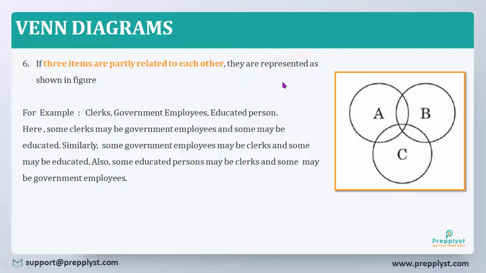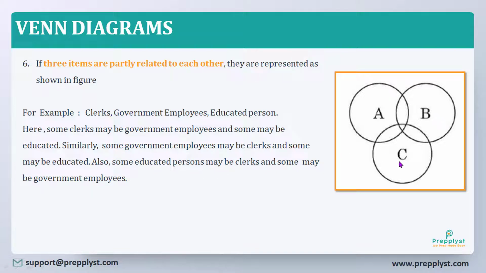Let's take another. Three items are partly related to each other. They are represented as, for example, if you have clerks, government employees, and educated persons. So as you can see, some clerks may be government employees and some may be educated. Similarly, some government employees may be clerks and some may be educated. That applies for the third circle as well, that some educated persons may be clerks and some may be government employees.